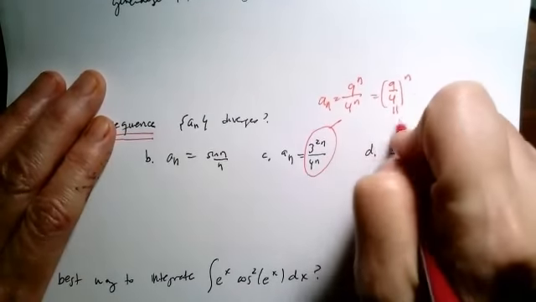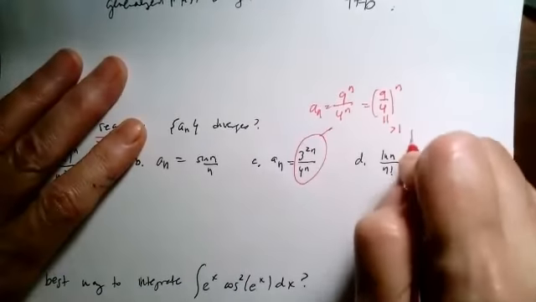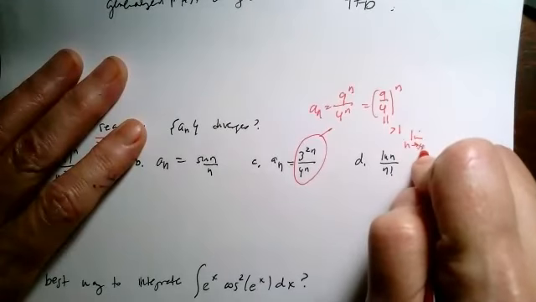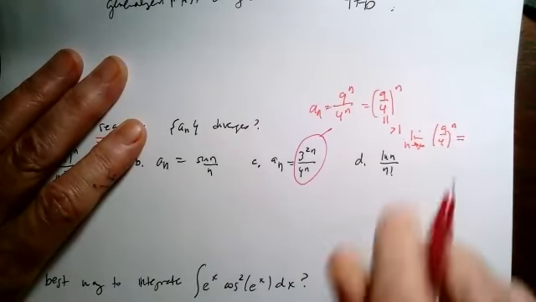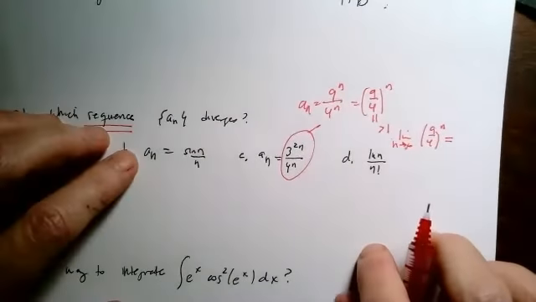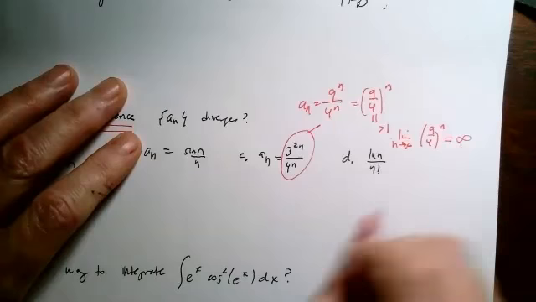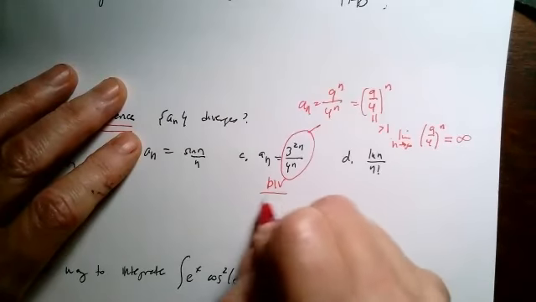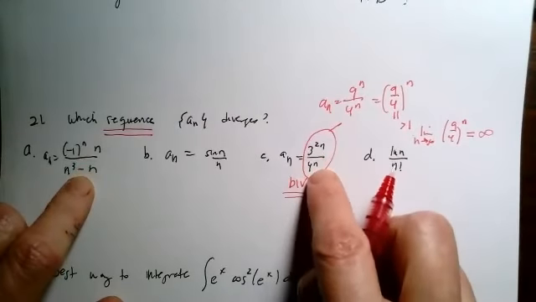And this is greater than 1, right? So if we take the limit as n goes to infinity of something that's greater than 1 going to the power n, what's that limit going to be? Infinity, right? So this one diverges. So if you can find the one that sticks out right away, that'll save you some time.